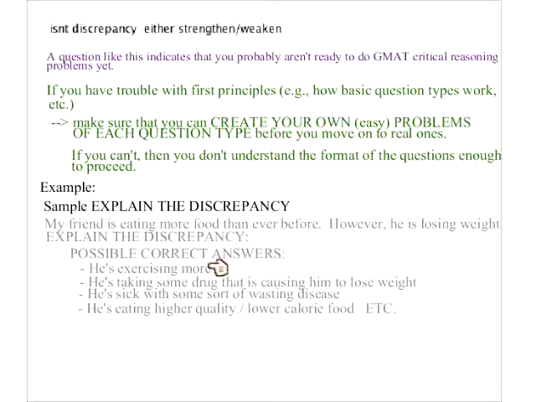In fact, it just creates even more of a discrepancy. The opposite of any of these statements would not be helpful. And that's how you would make a sample explain the discrepancy. That kind of thing.